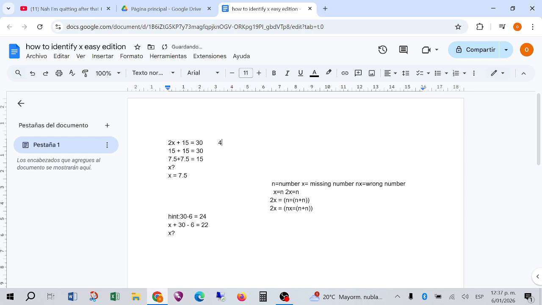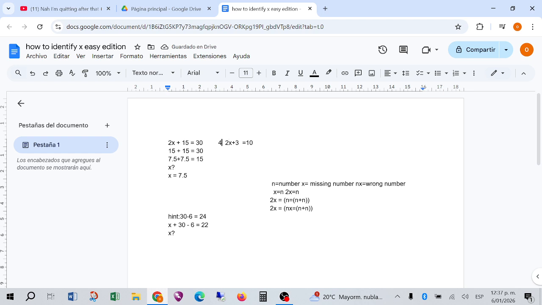And the problem is x plus 3 equals 10. Let's say that 2x equals 4.